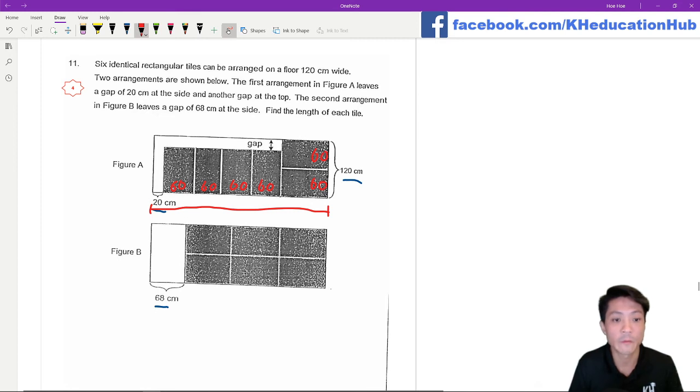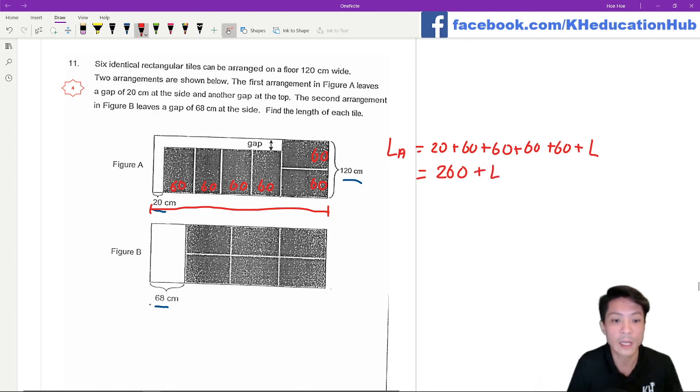So for figure A, I'm gonna write over here. The length of figure A is equal to 20 plus 60 plus 60 plus 60 plus 60 plus the length of the small rectangle, right? Okay, so all together is gonna be 260 plus L.